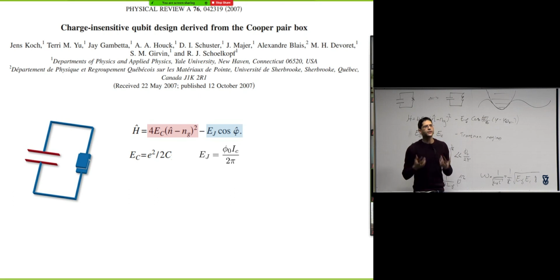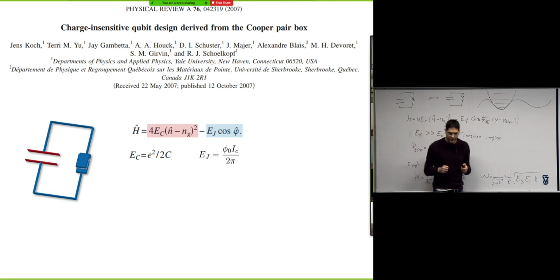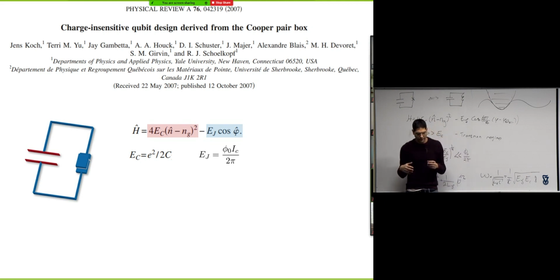Now the transmon circuit is designed in such a way that the energy difference between the first two levels is on the order of a few gigahertz. Now a few gigahertz corresponds to a temperature of several hundred millikelvins.